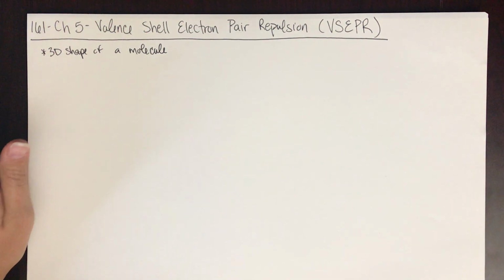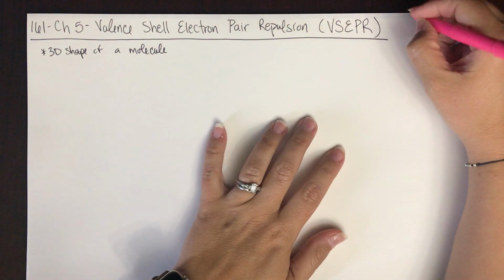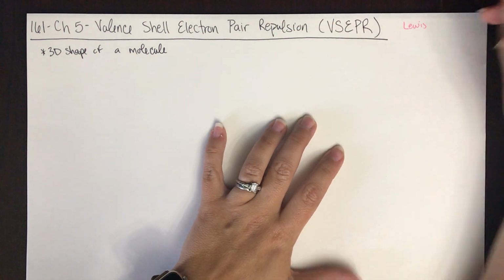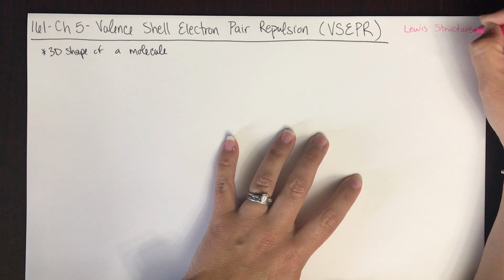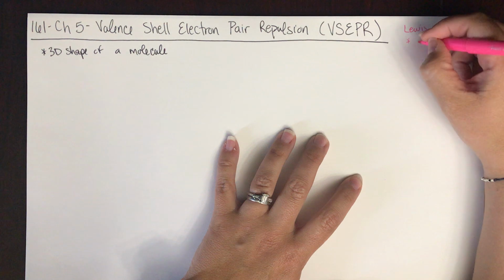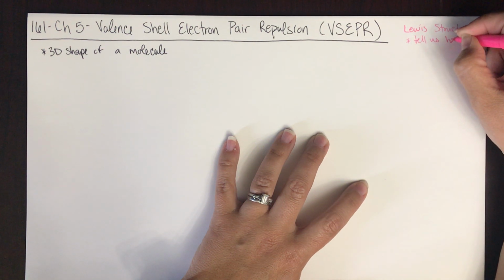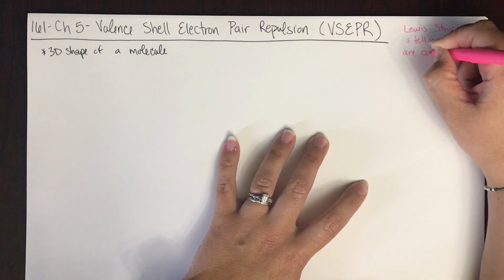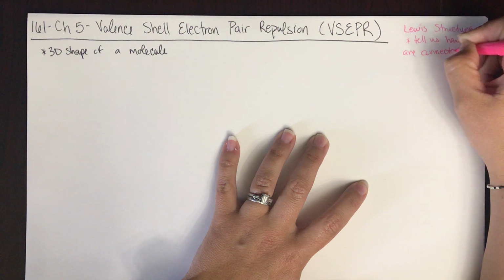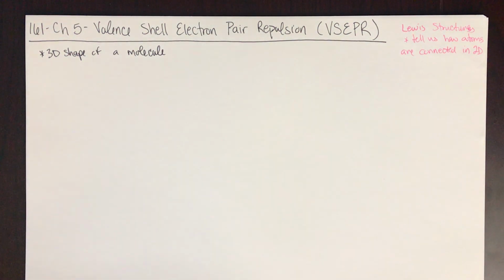So what we had learned about last time in chapter 4 with Lewis structures, they tell us how atoms are connected to each other in 2 dimensions, but they don't tell us anything about the 3-dimensional shape of the molecule.